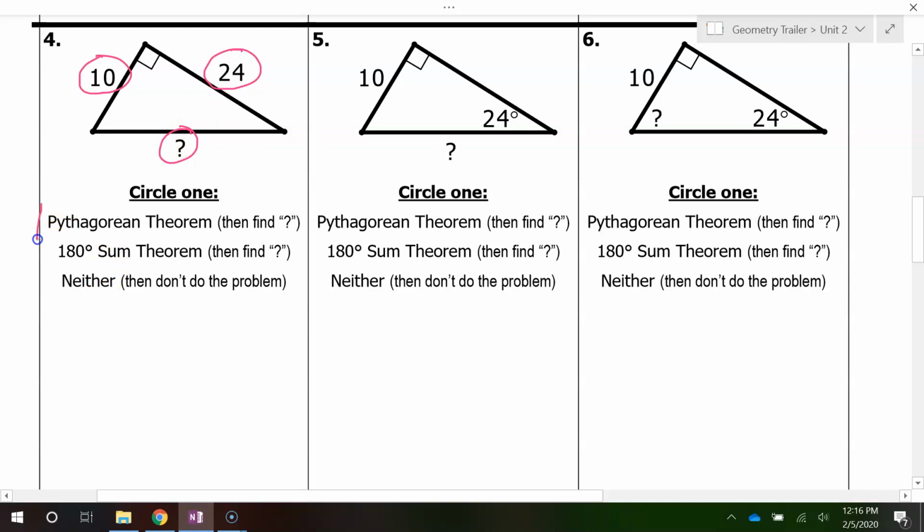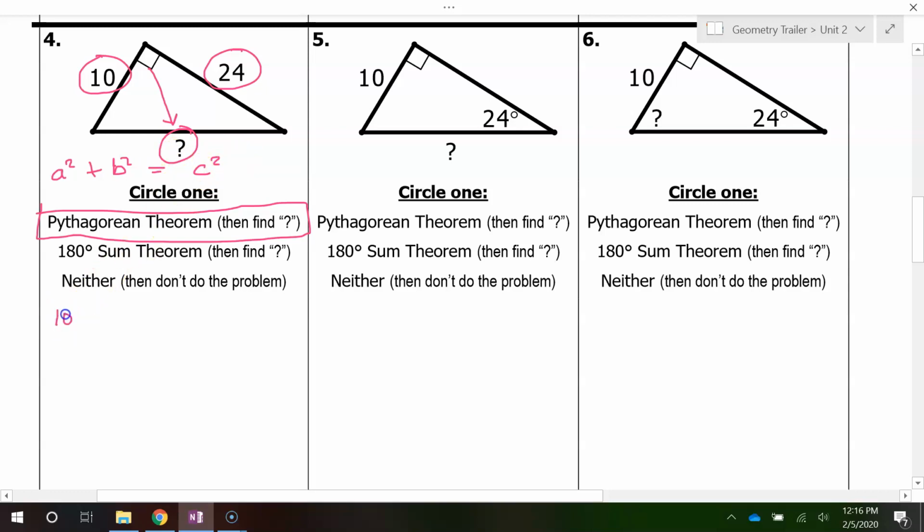So we will definitely do the Pythagorean Theorem. I think I'm going to use X instead of question mark, because I like that better. Remember, the hypotenuse goes by itself when we do that a squared plus b squared equals c squared deal. All right, the c squared is the hypotenuse.